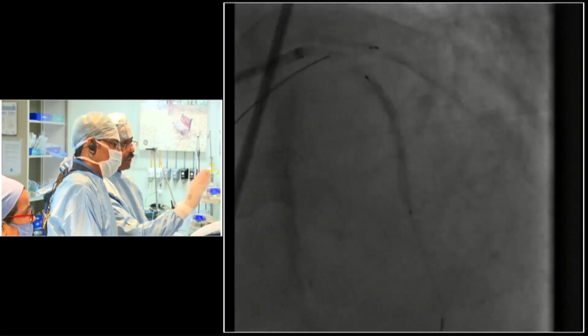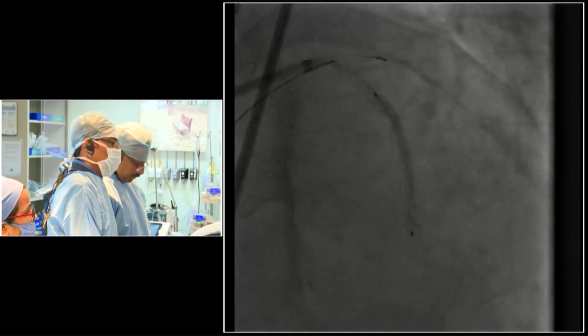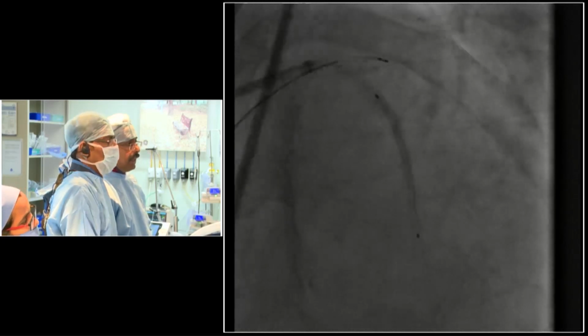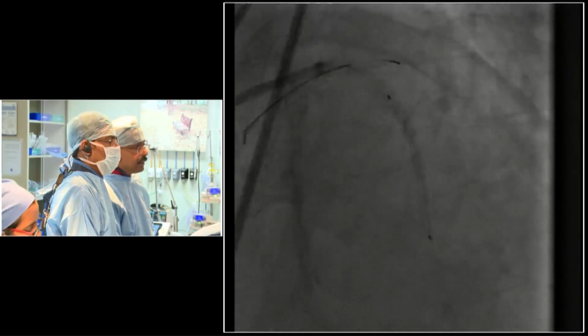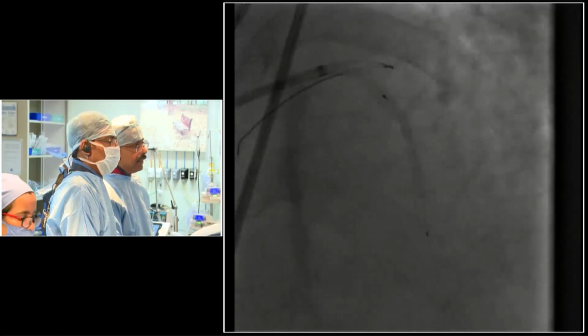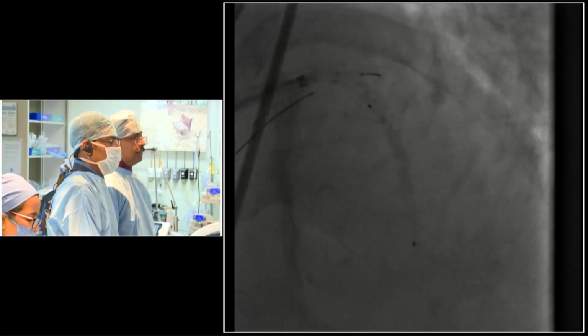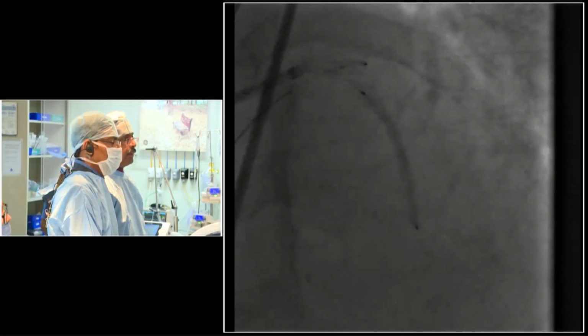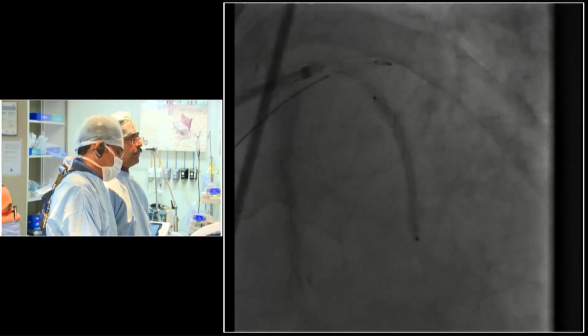So once I'm sure that the distal LED has come up, I will stop, deflate, and then pull back the balloon into the stent, and then go up to high pressure. Go up to 10, 12, 14, 16, 18, 20.